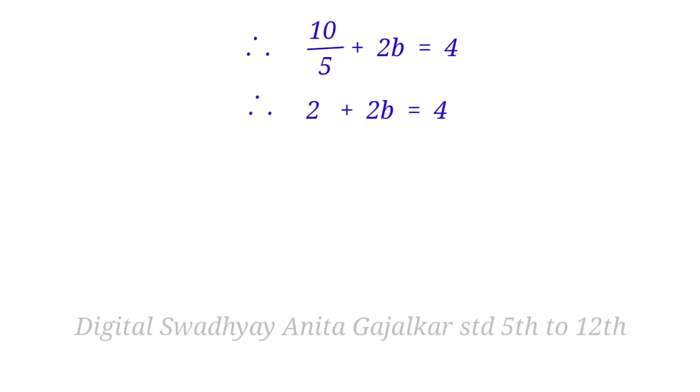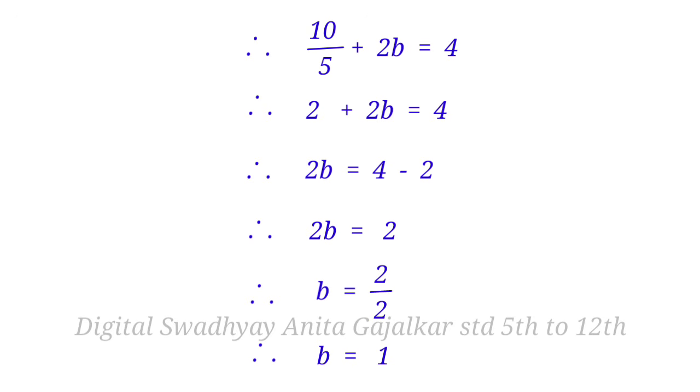Therefore, 2 plus 2b equal to 4. Therefore, 2b equal to 4 minus 2. Therefore, 2b equal to 2. Therefore, b equal to 2 by 2. Therefore, b equal to 1.